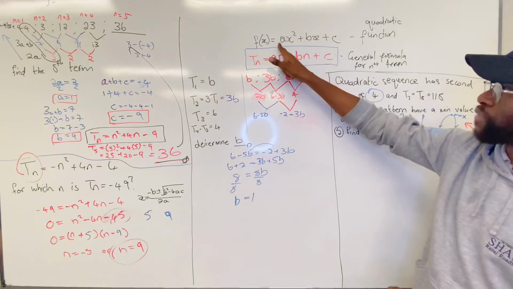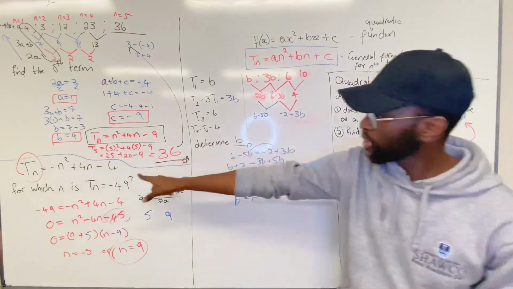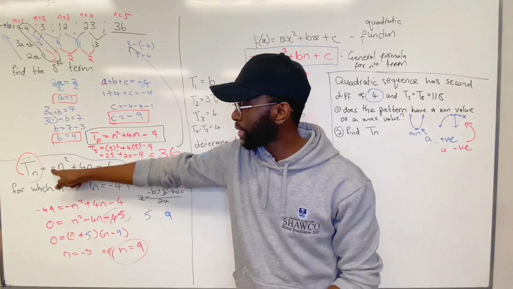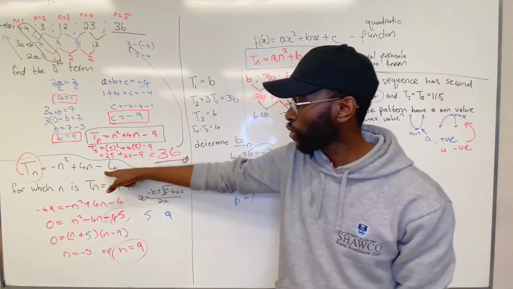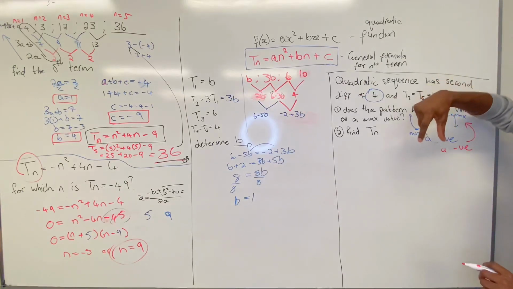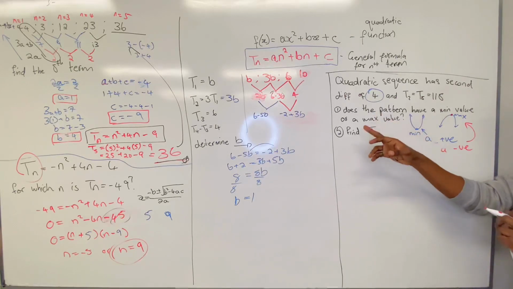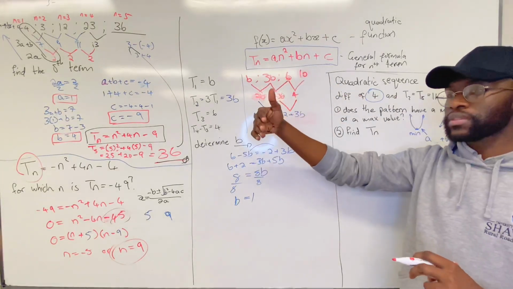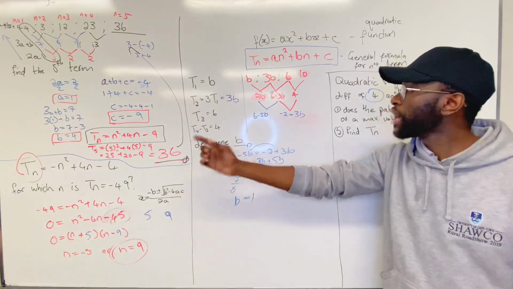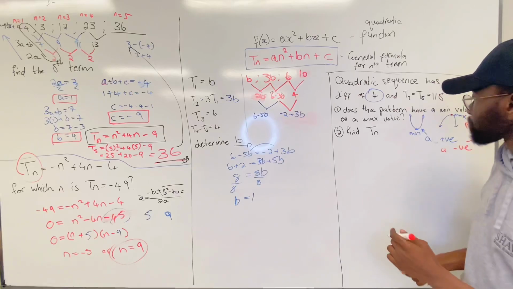But if the value of a is negative, just like how this value was negative, then you know that if you draw this function, your quadratic function will be concave down. Therefore, you'll have a maximum value. And that is what they are asking here. They're just basically asking, find the general formula and see the sign of a. Is it positive, is it negative?